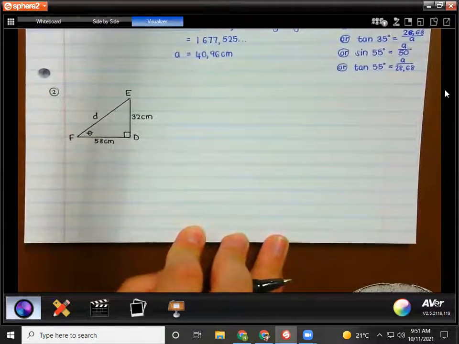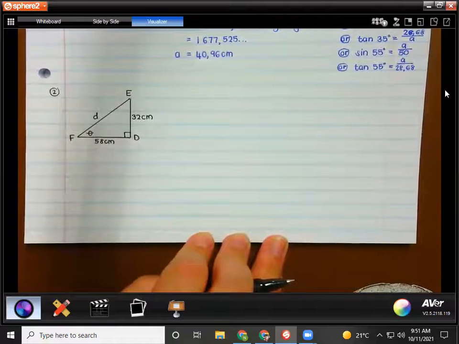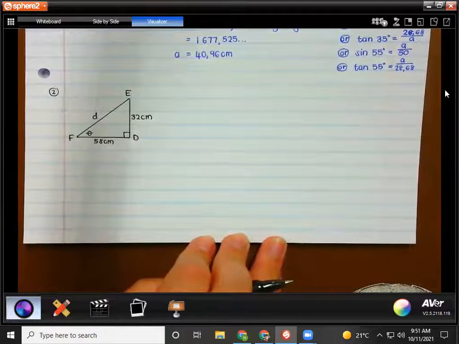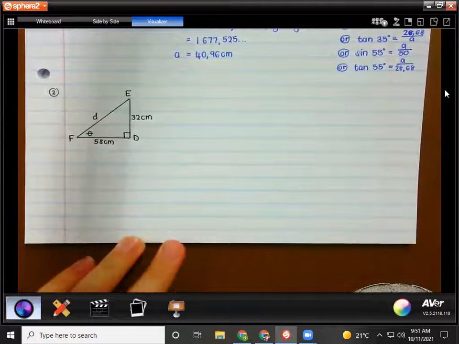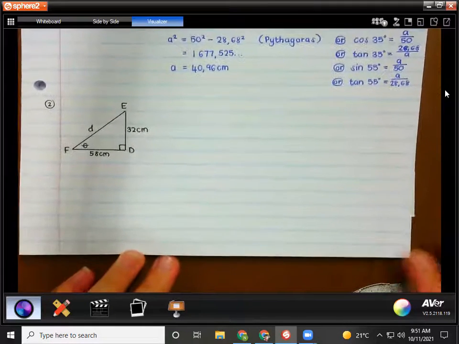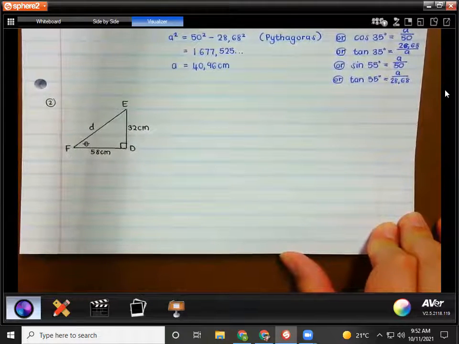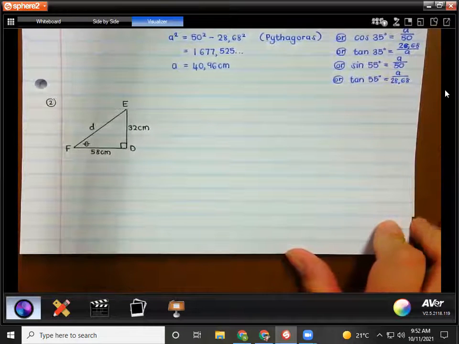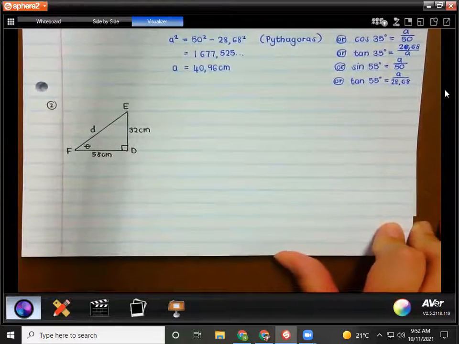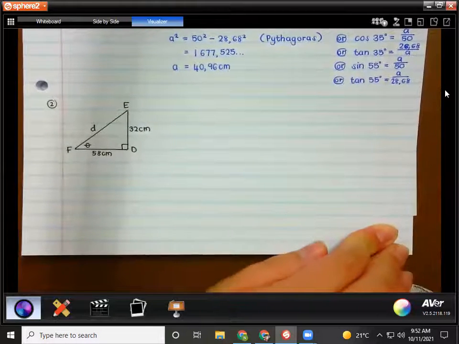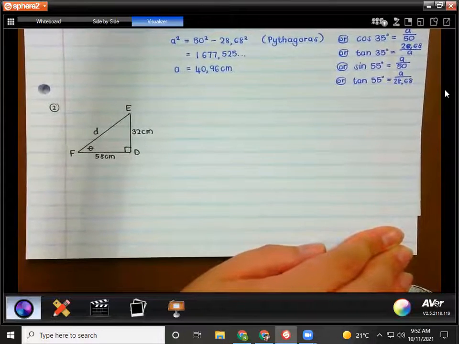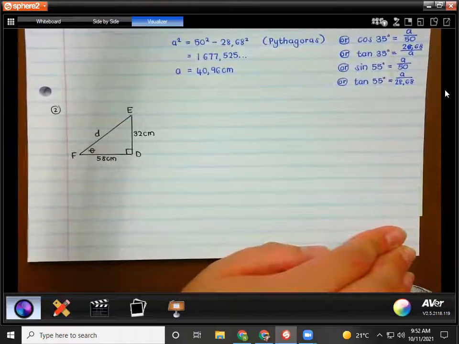Ask me if you can't read any of those values there. You guys want to find lowercase d, so go for it.